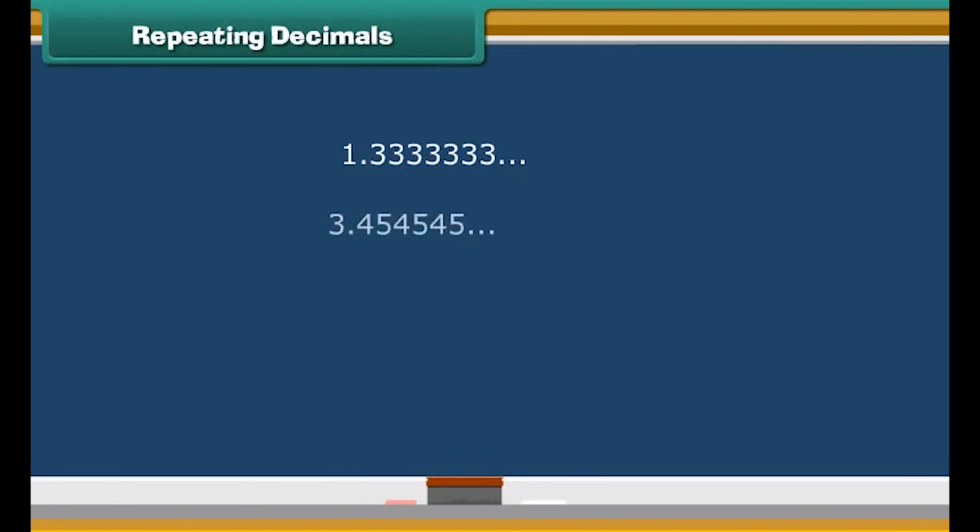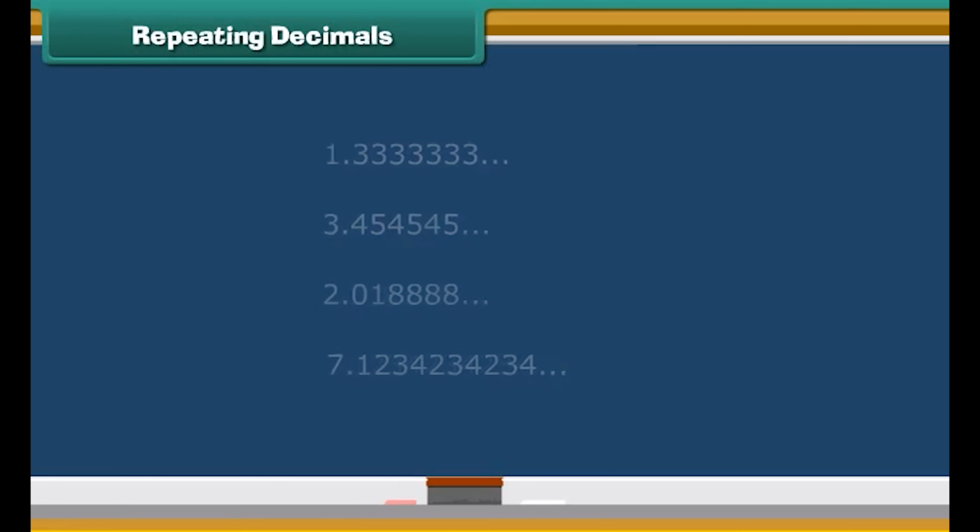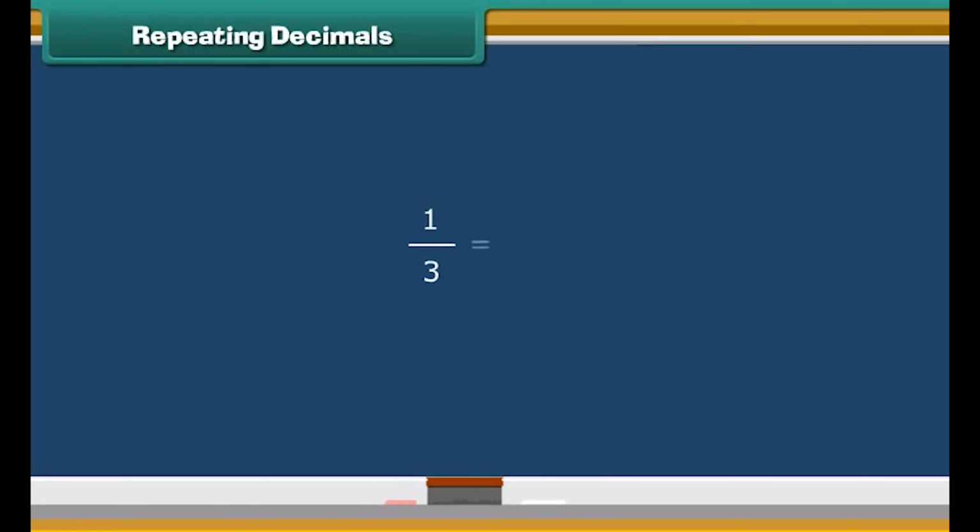Some decimals don't stop and go on adding numbers to the right forever. Look at the decimal of the fraction 1 by 3. What did you notice? It starts with 0.33333 and just keeps going on and on.